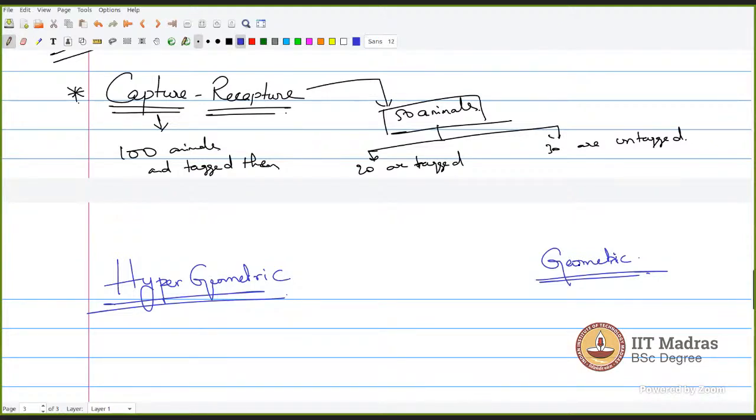Anyone? Up to first success. Yes, geometric distribution is where we check the first success. So what is hypergeometric?